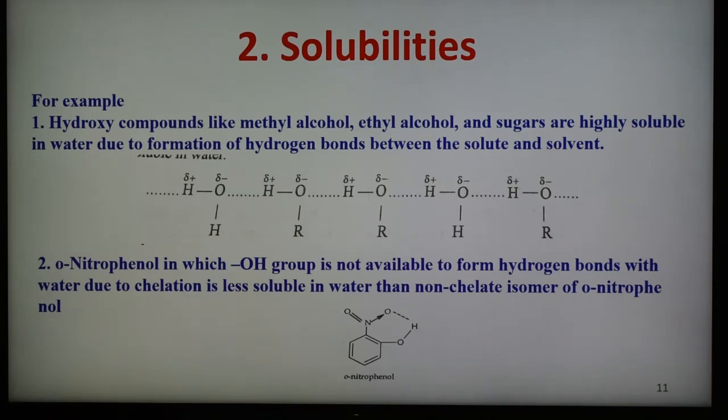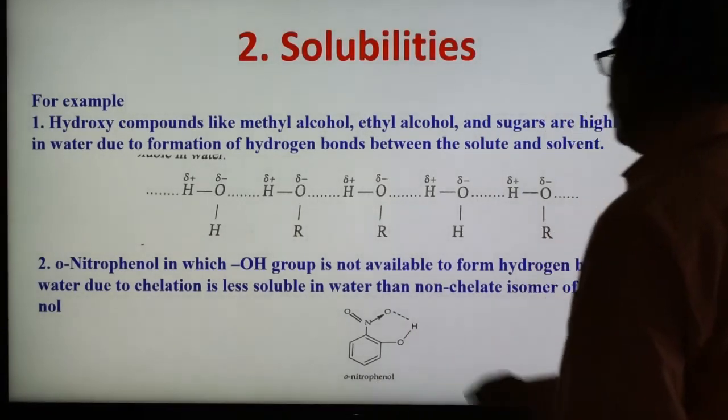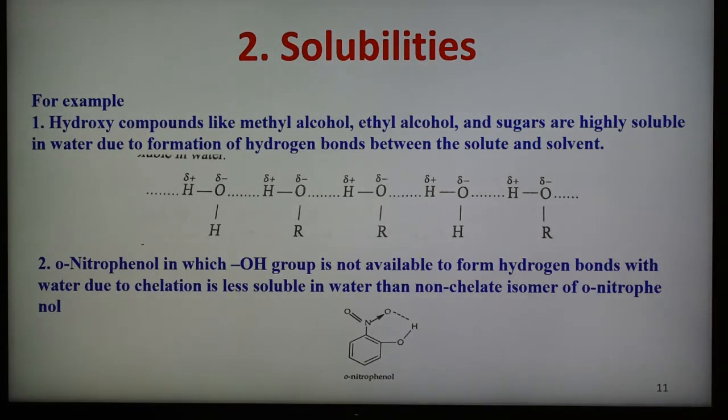So paranitrophenol forms hydrogen bonding with water, while orthonitrophenol is less soluble because of chelation, and therefore it cannot form hydrogen bonds with the water solvent, and so it is insoluble or slightly less soluble. These are some examples of solubility.